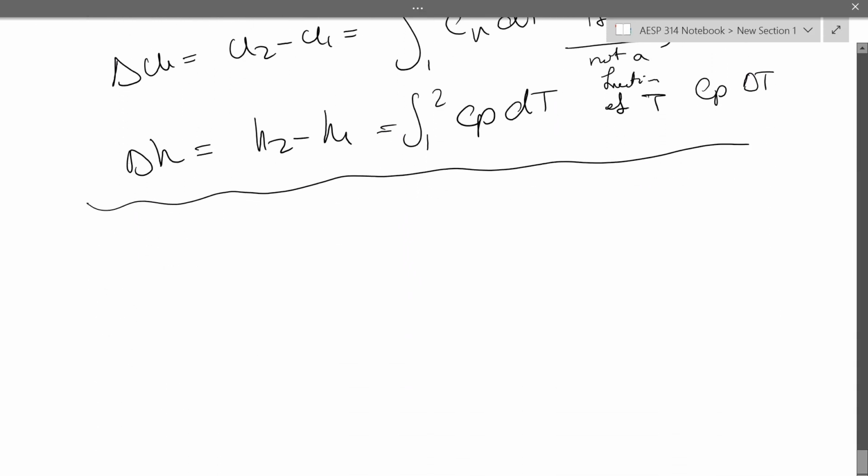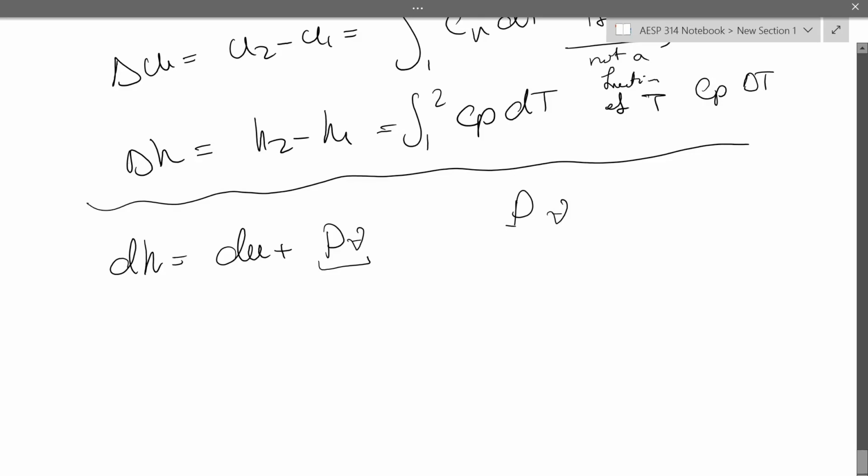Okay, let's go back to the definition of delta H. dH is equal to du plus d(Pv), right? What can we replace this with? You're dealing with an ideal gas, right? What is Pv equal to? RT, right? Just keep in mind, we are always dealing with pressure and a specific volume.